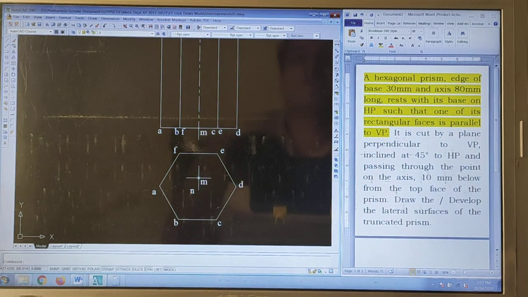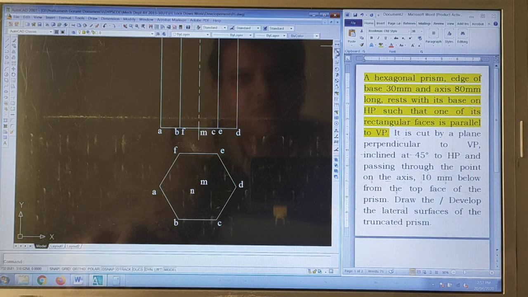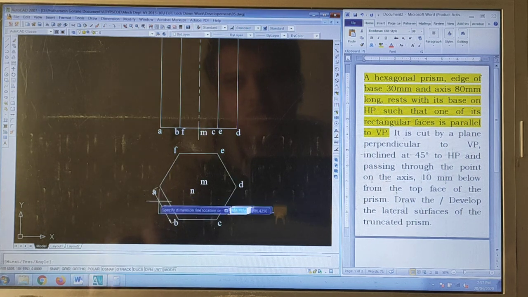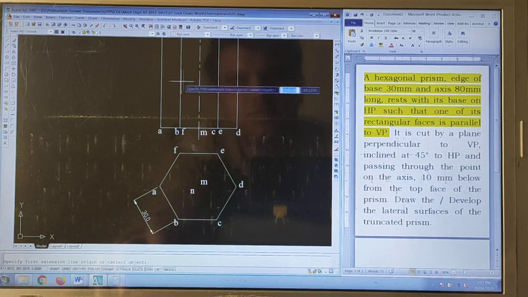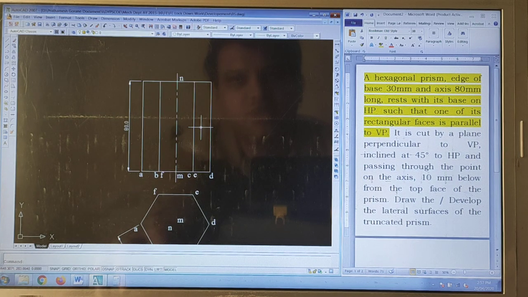You should not get confused. That is why I am not drawing this particular axis, as this is the prism, not the pyramid. So what is remaining right now is the dimensioning part. Axis, which is 80 mm.